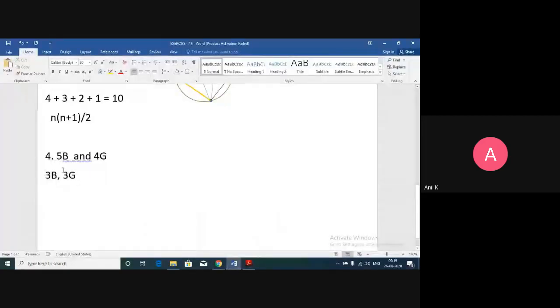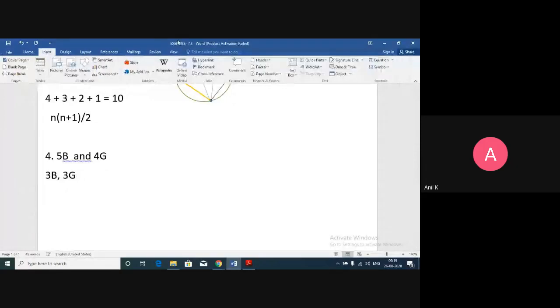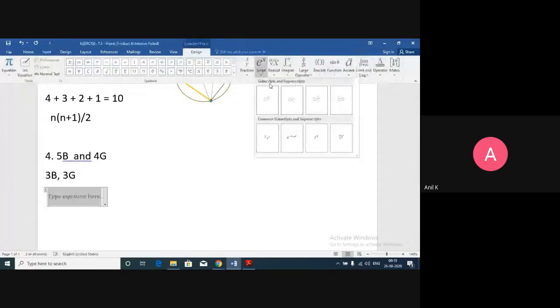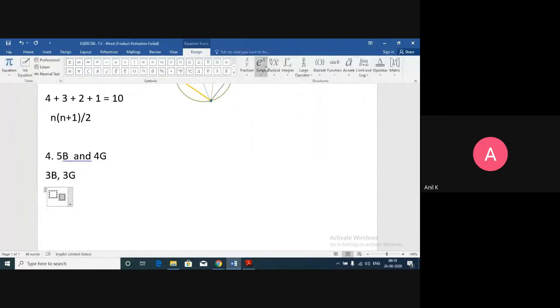Out of 4 girls, I have to select 3 girls. So it is a selection. That means I have to go for the combination. See, the same boys and girls question will come in permutation also, but that is about arrangements, and this is about selection. So the answer is going to be, let me see if somebody has given the answer.